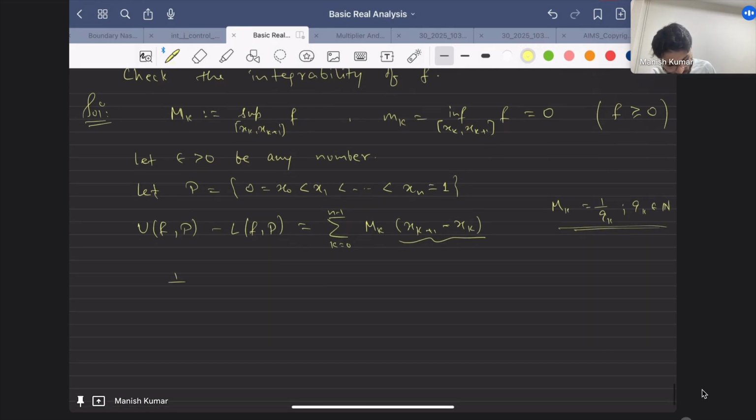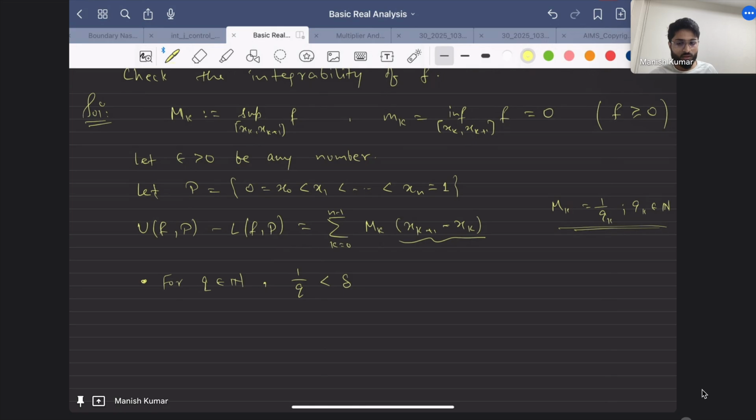So we know that for q belonging to the natural numbers, 1 by q will be less than some very small quantity. Let's say I'll make this less than delta.